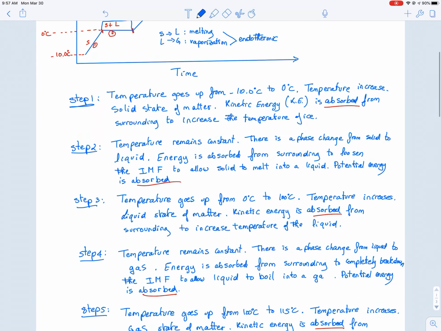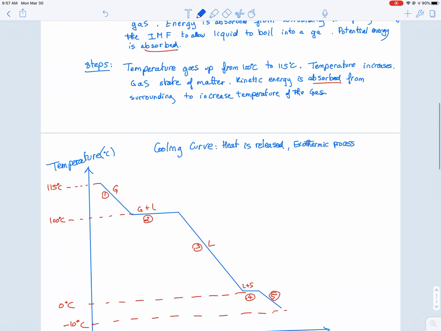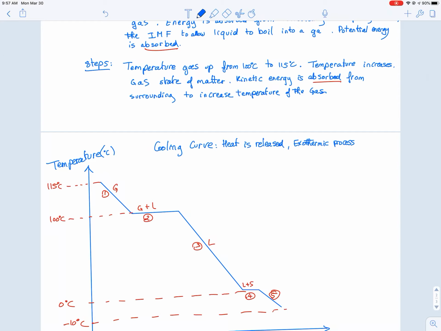When I look at a cooling curve, what's going on? Well, what's going on here? What am I doing over here? Well, I'm going from gas to liquid. That's not vaporization anymore. That's the opposite. That is condensation. Okay? What's going on over here? Well, I'm going from liquid to solid. That's not melting anymore, but it's freezing.